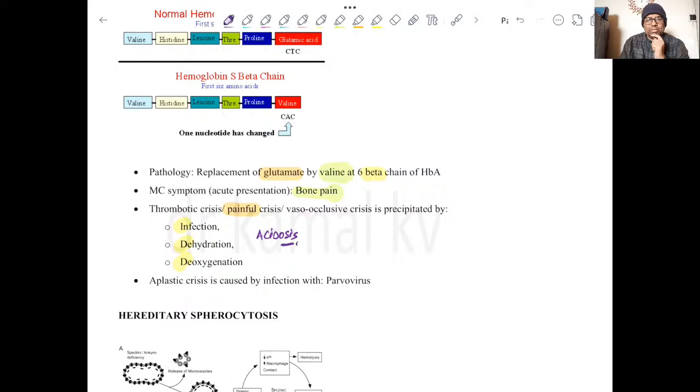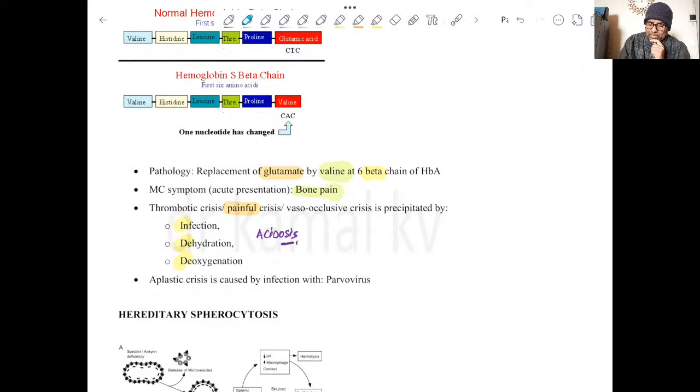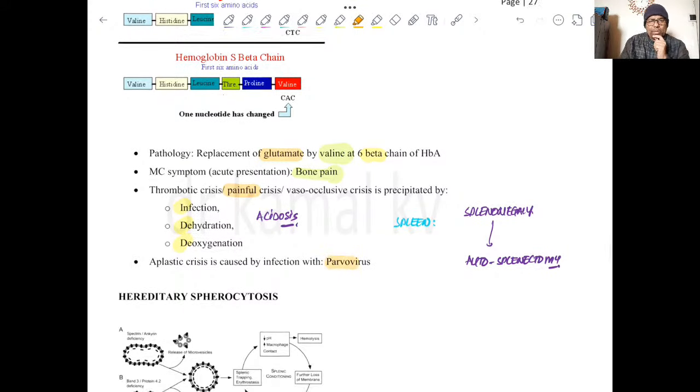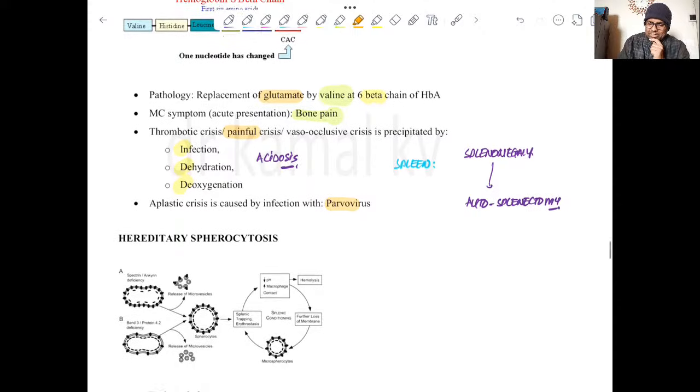So the RBCs assume a sickle shape, and as they move forward they will cause occlusion, and one such area is the spleen, and therefore initially there may be splenomegaly, but later on because of these infarctions, finally there is shrinkage of the spleen, and that is known as autosplenectomy. Clear? And then there can be aplastic crisis which is precipitated by parvovirus B19.